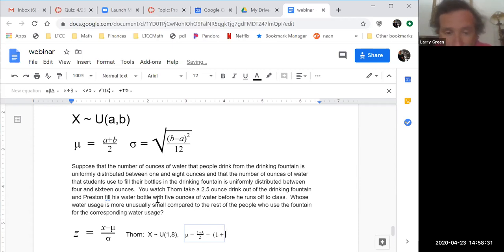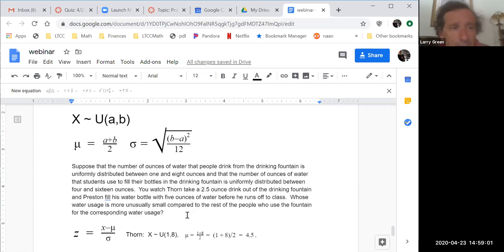It's 1 plus 8 in parentheses divided by 2. So that's what you do in your calculator, your computer calculator. You've got to have the parentheses or it'll be wrong. And that's 9/2, or 4.5. Any questions on finding mu for Thorn?